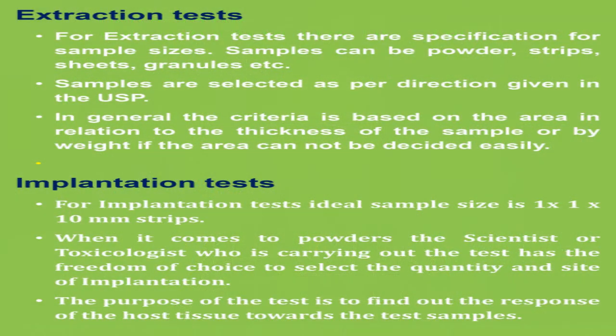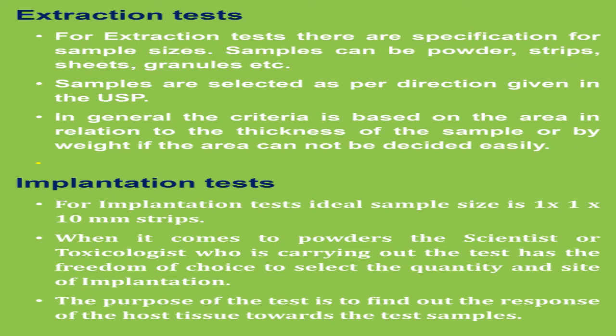If you look closely, you can understand that the USP tests are of 2 types. One is extraction, another is implantation. For extraction tests, there are specifications for specimen sizes. Samples can be powder, strips, sheets, and granules. Samples are selected as per the direction given in the USP.